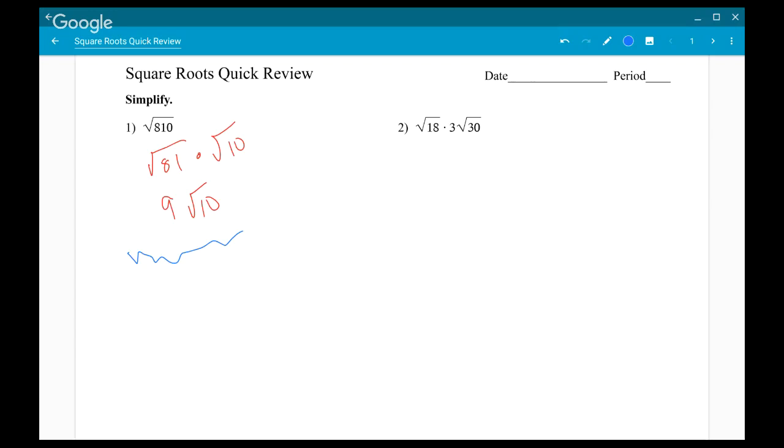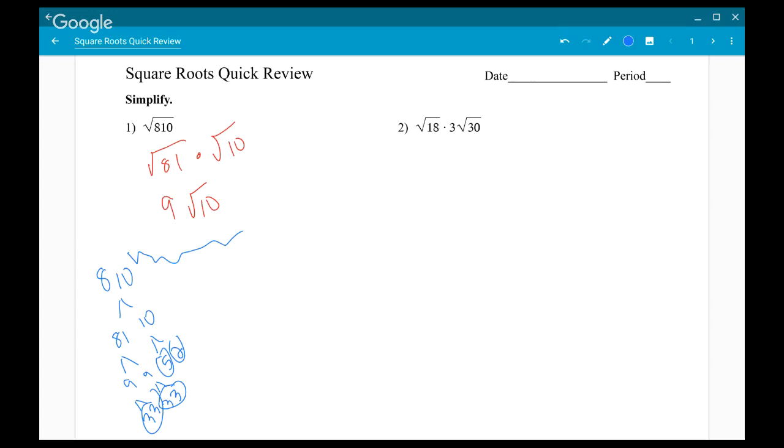An alternative option is to use the factor tree method. What that involves is breaking down 810 as much as possible using a factor tree. So I've broken it down completely, and I see I've got a 5, I've got a 2. Then what you want to do is create as many pairs of numbers as you possibly can, because all of those pairs are perfect squares.